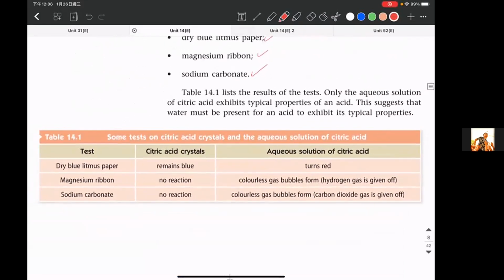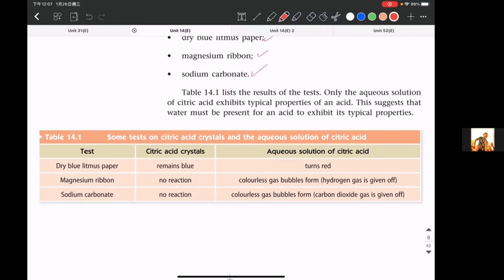The dry blue litmus paper remains blue in the citric acid crystal, while with an aqueous solution of citric acid, which means with water added, it turns red. Magnesium ribbon, no reaction on crystals, but if I put it in an aqueous solution of citric acid, there is effervescence. Similar case with sodium carbonate. Okay, you all see that.